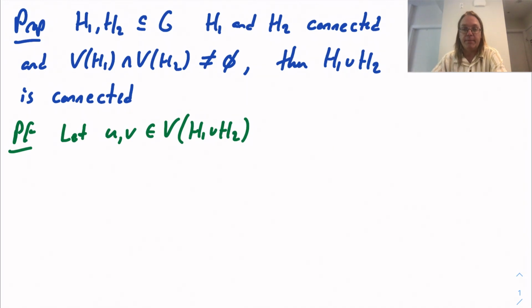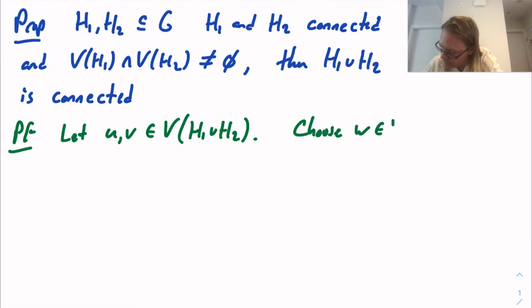Well, here's the idea. We know that these two graphs overlap. There's a vertex in both of them. Let's go ahead and choose one. Sorry, I'm writing some nonsense.